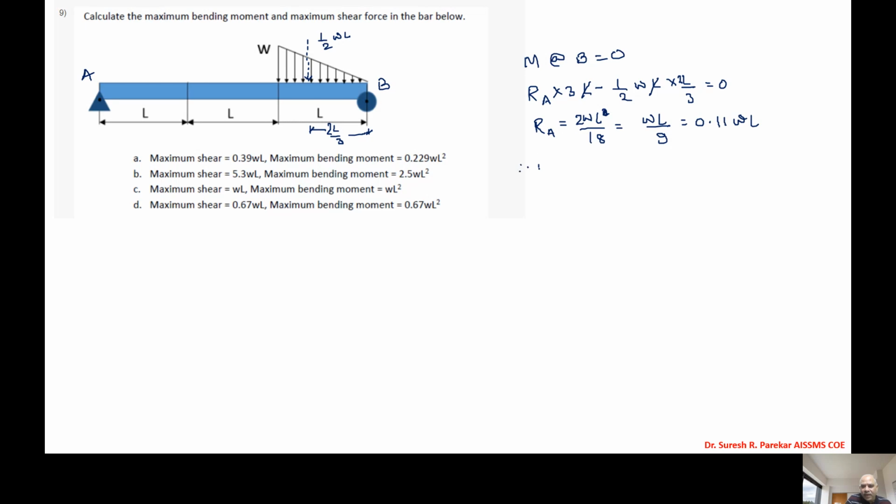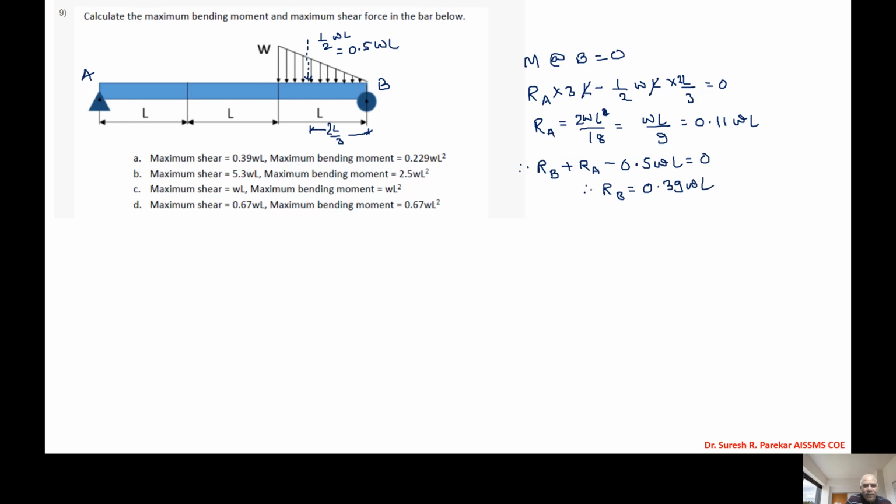From this, sum of Fy equals 0, RB plus RA minus 0.5 WL equal to 0, because we have this as 0.5 WL, and from this we will get the value of RB equal to 0.39 WL.